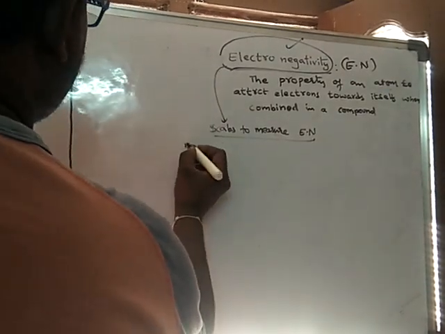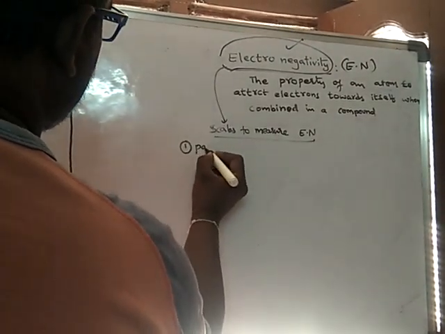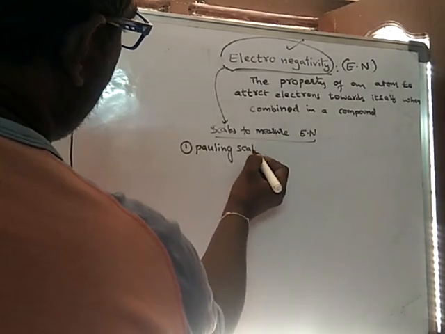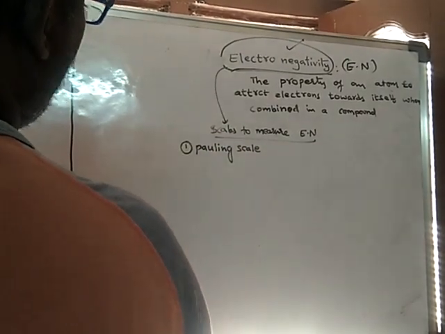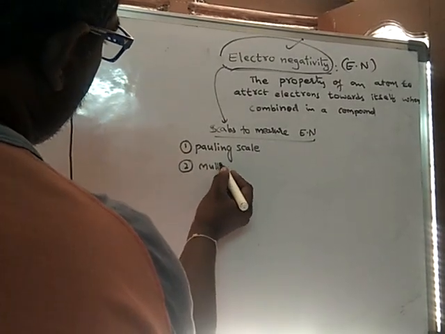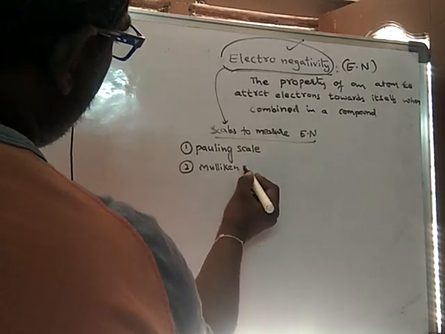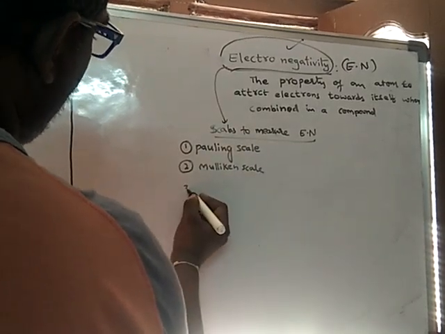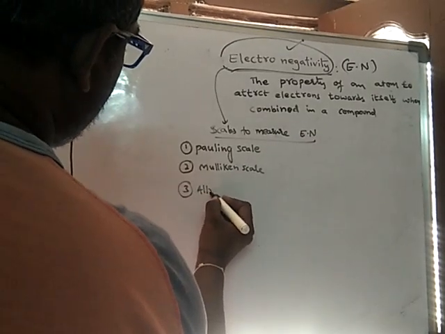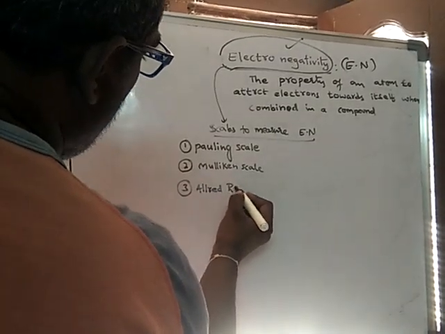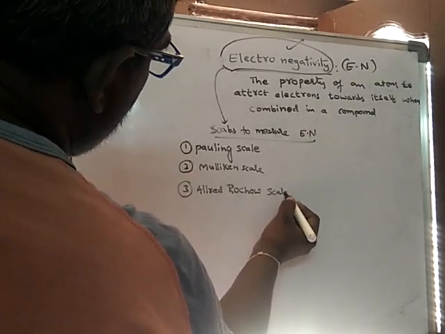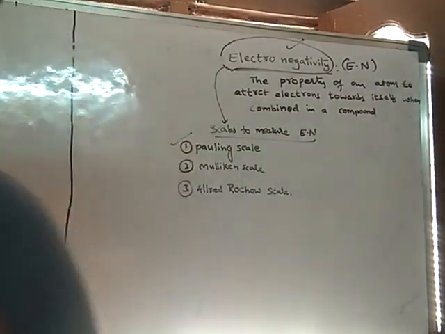One scale is known as the Pauling scale. Next, the Mulliken scale. And the third scale is the Allred-Rochow scale. The Pauling scale is the most popular scale.